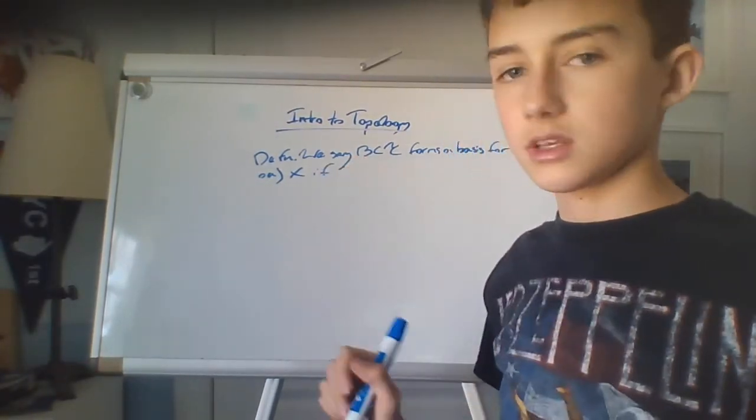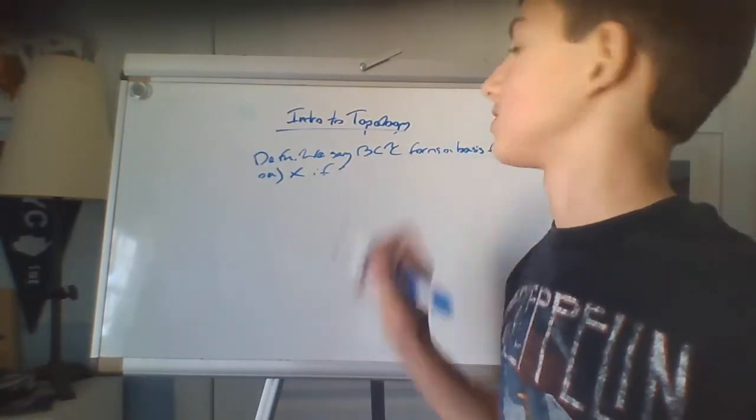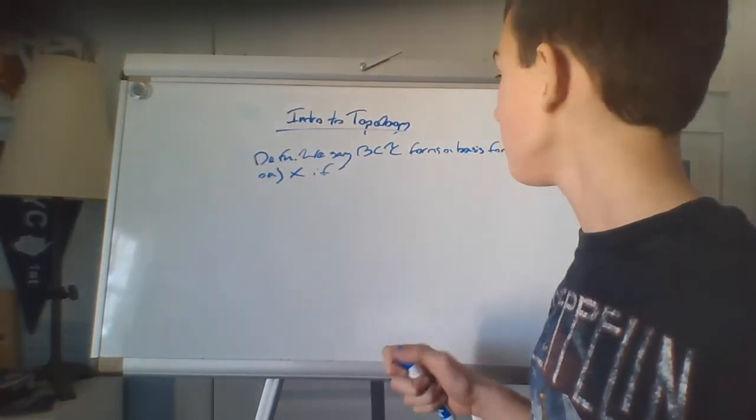All of the elements of B are open, but since it's a subset of the topology, then obviously all of them are open.